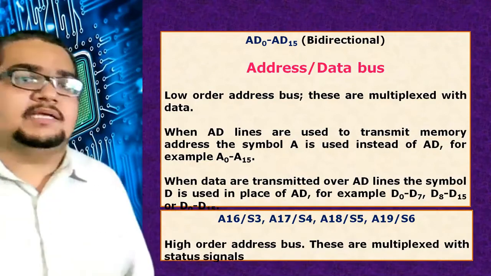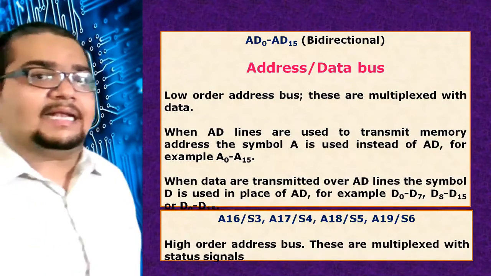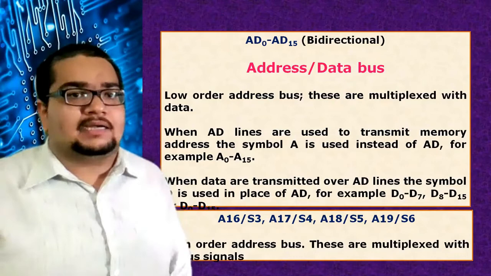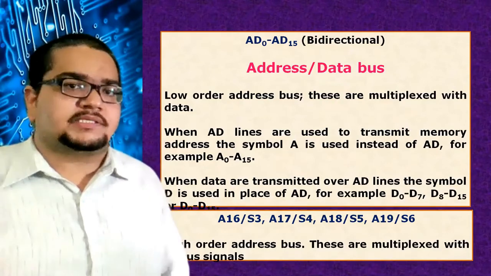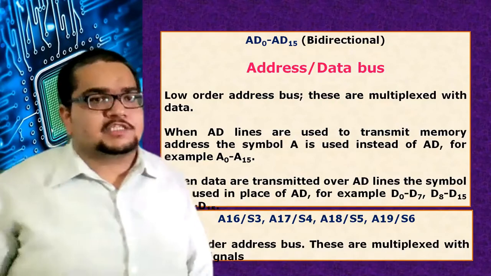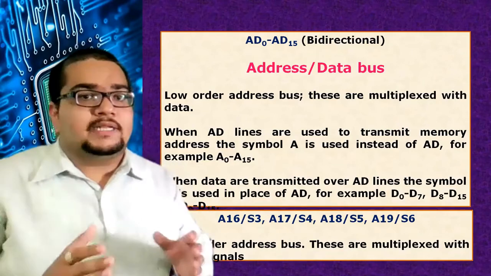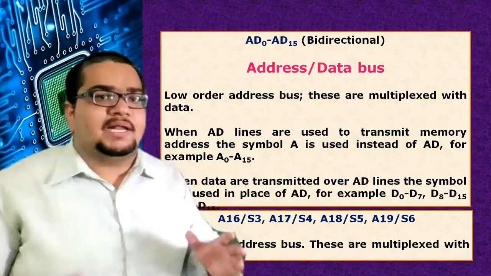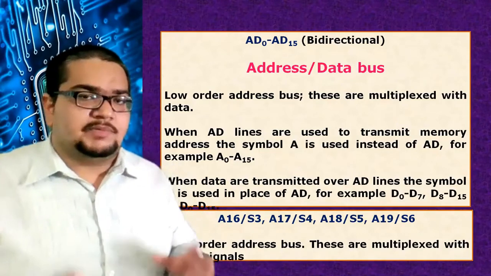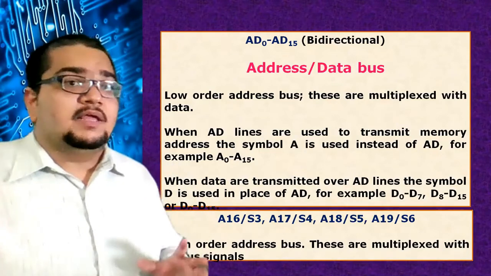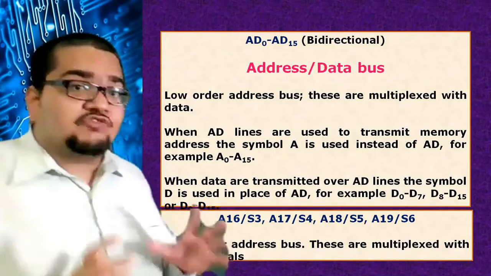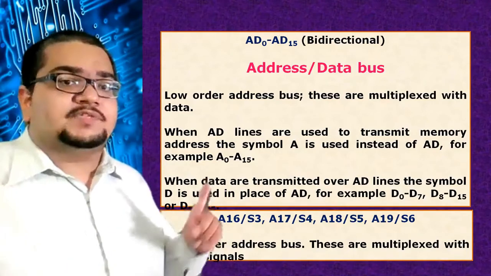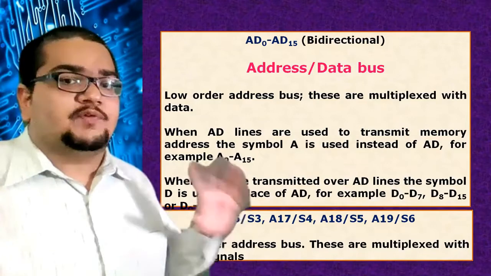For your understanding, again I have kept this. AD0 to 15 are the address/data bus. Address bus only the lower 16 bits, and the complete 16-bit data bus, because the data bus size is 16 bits only, whereas the address bus size is 20 bits. Out of that 20, 16 bits are here, A0 to A15.